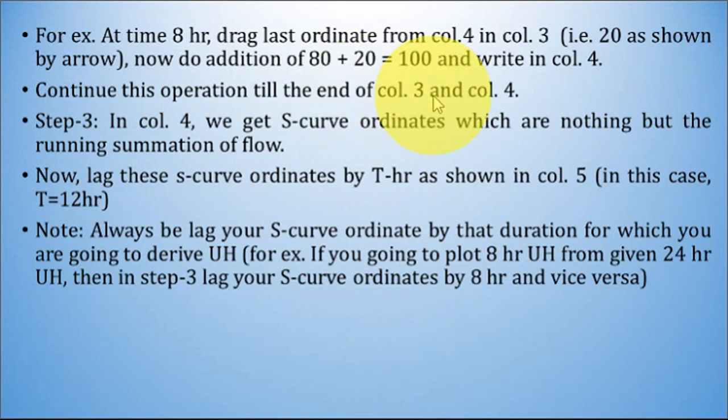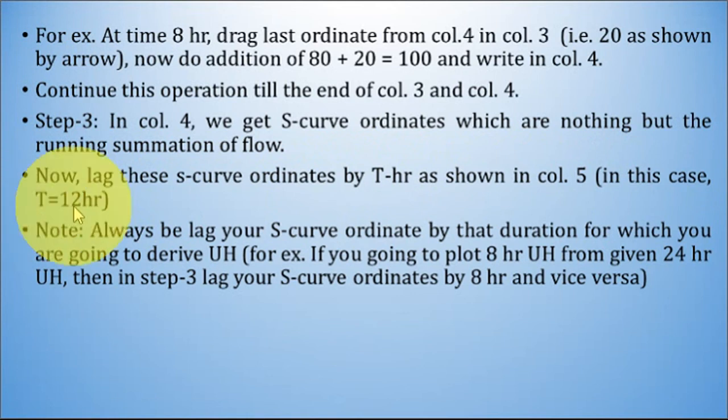Continue this operation till the end of column number 3 and 4. Then in column number 4 we get the S curve ordinates, which are nothing but the running summation of flow. Now lag these S curve ordinates by t hour as shown in column number 5.